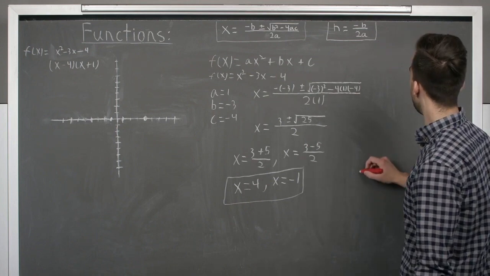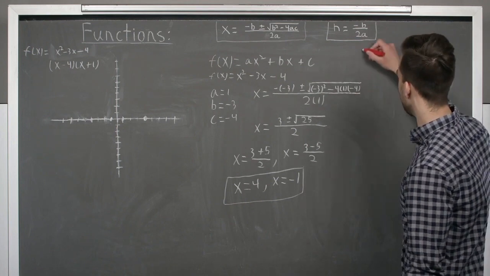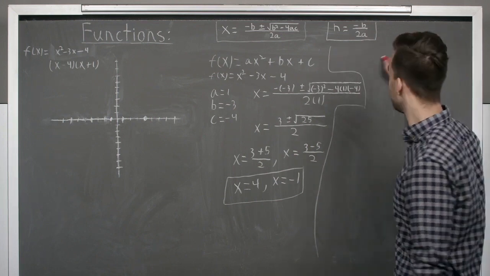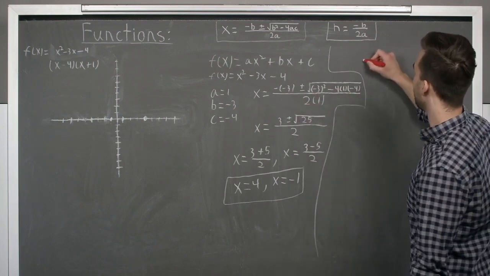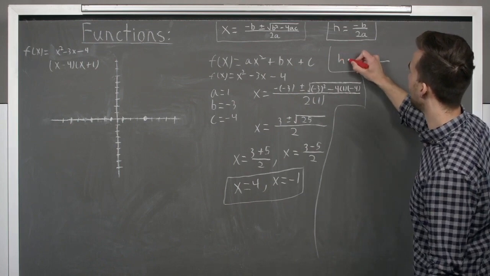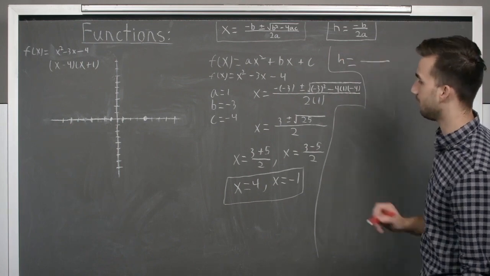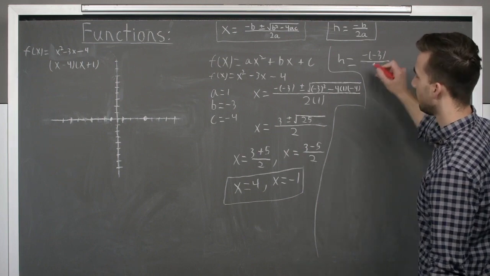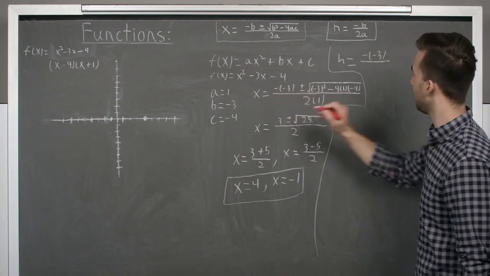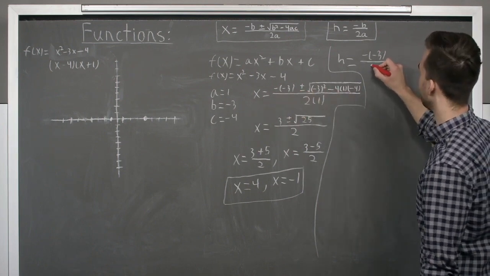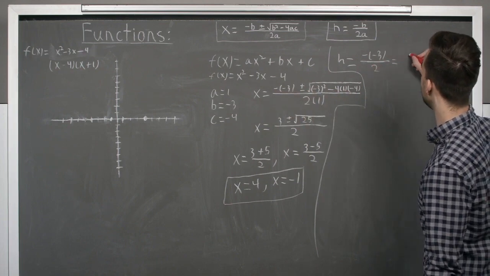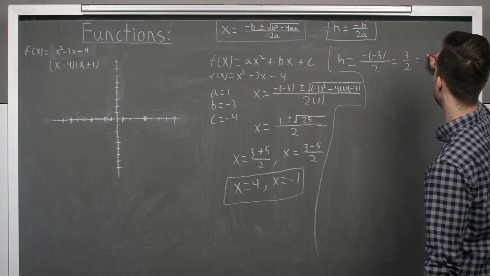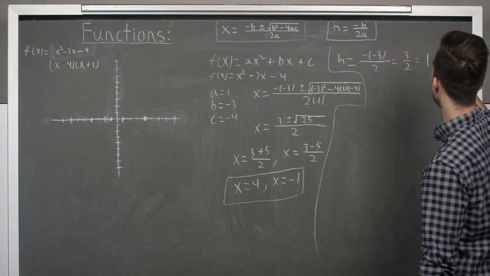I'm going to calculate it over here because that's where I have the most room. h is equal to negative b, so negative 3 all over 2 times a, so 2 times 1, and this gives us 3/2, which is equal to 1.5.